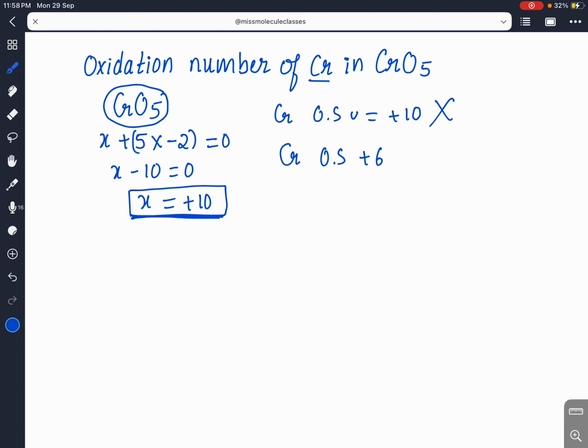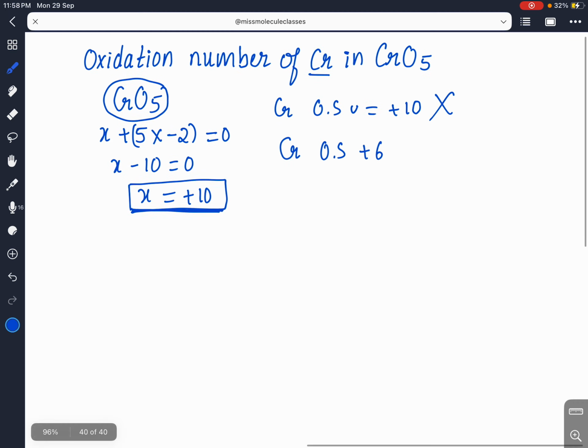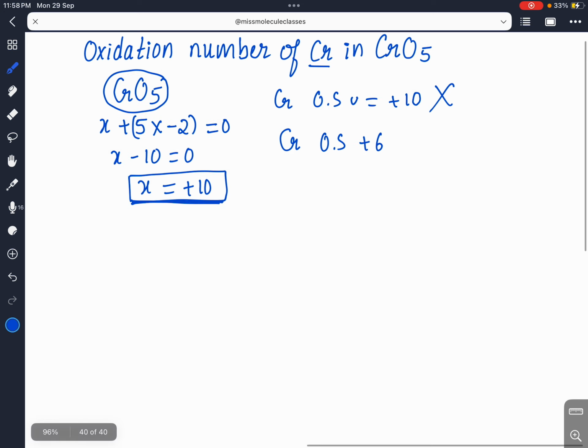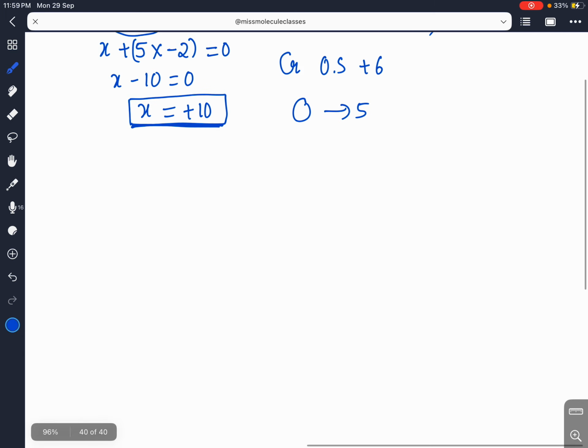So what we should do is take the structure of this CrO5 compound, because we should see whether all 5 oxygen atoms have the oxide linkage or some other linkage. So let me take the structure for this CrO5 compound.